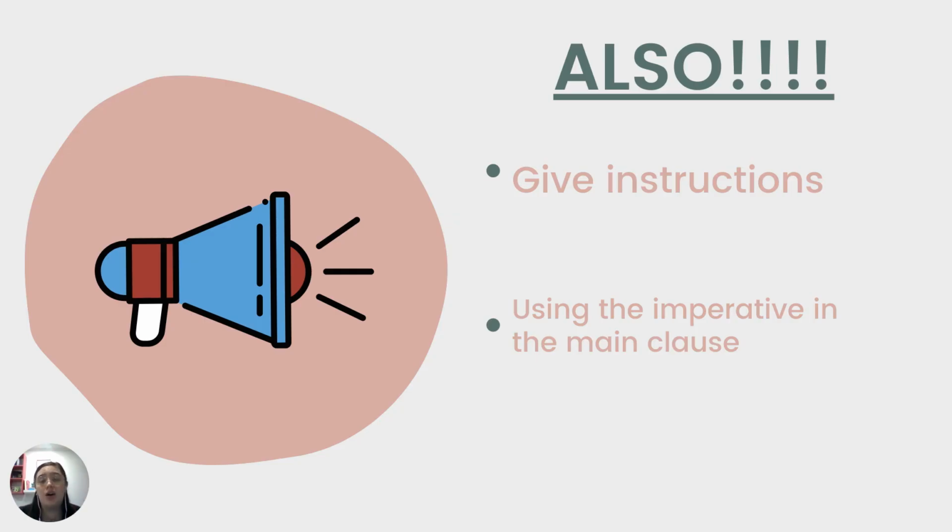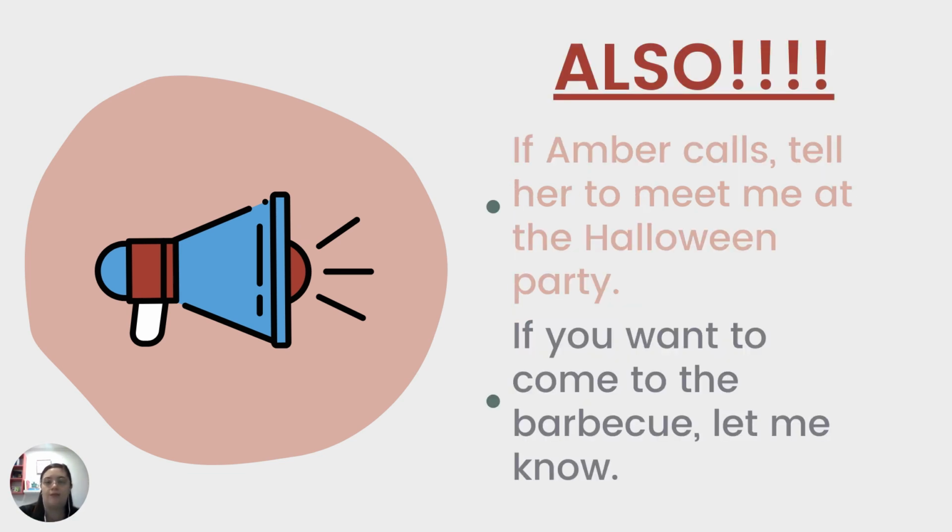Also, we also use the zero conditional to give instructions, okay? Using the imperative in the main clause. So when you want to give instructions, you can use the zero conditional. For example, we have, if Amber calls, tell her to meet me at the Halloween party.